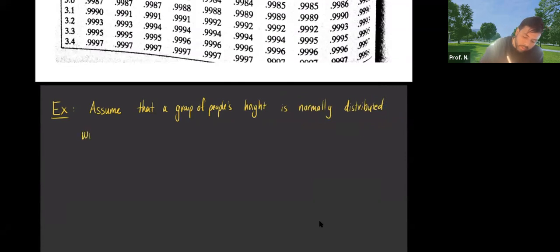with mean of 69 inches, and the standard deviation is 2.9 inches.